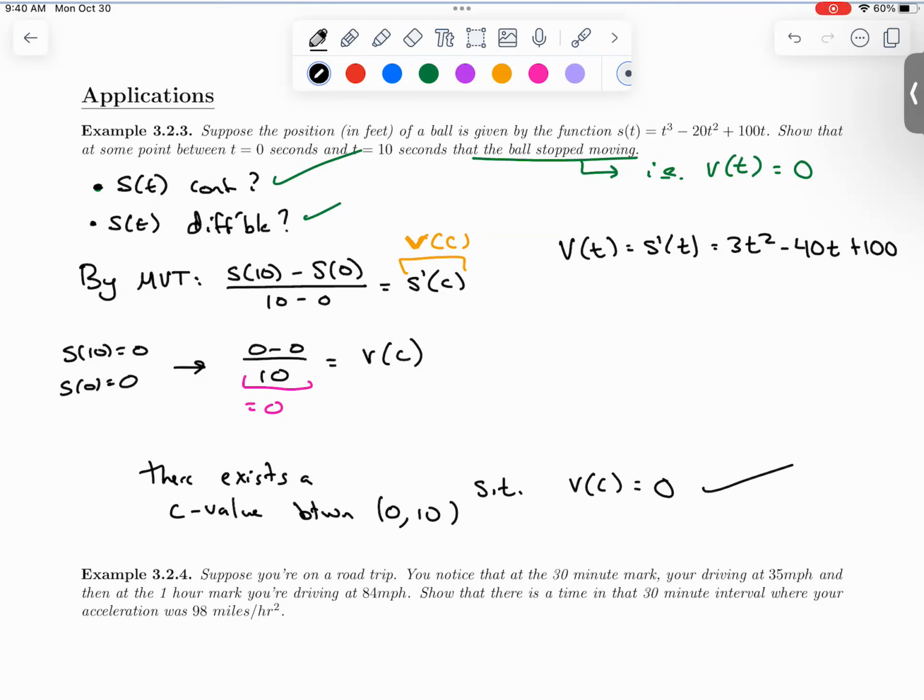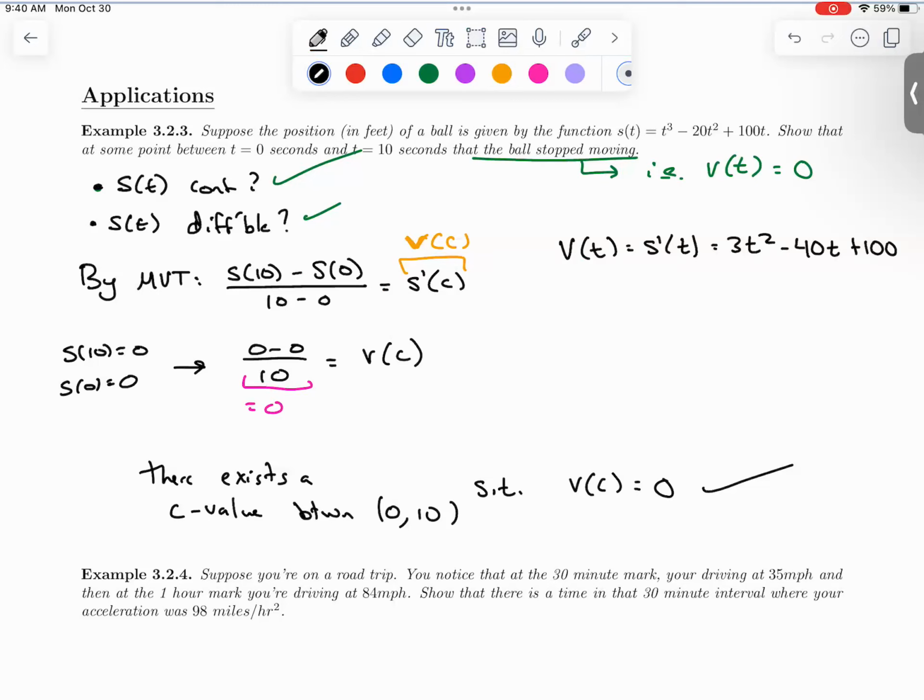It didn't say find the value. It just said show. We could find it. It wouldn't be too hard. We probably have to do the quadratic formula, but we don't have to because it's not asking for those exact points.